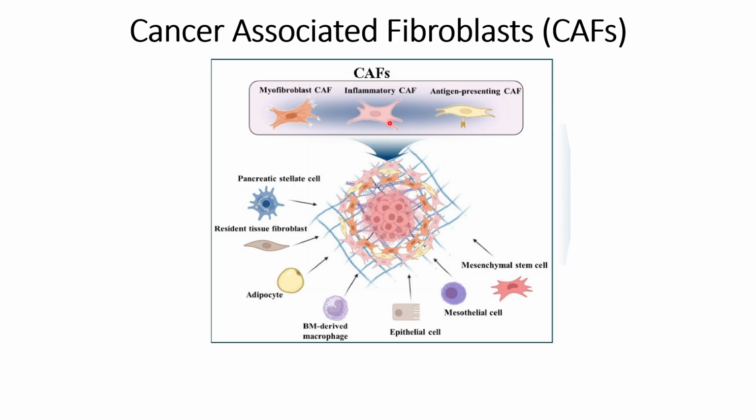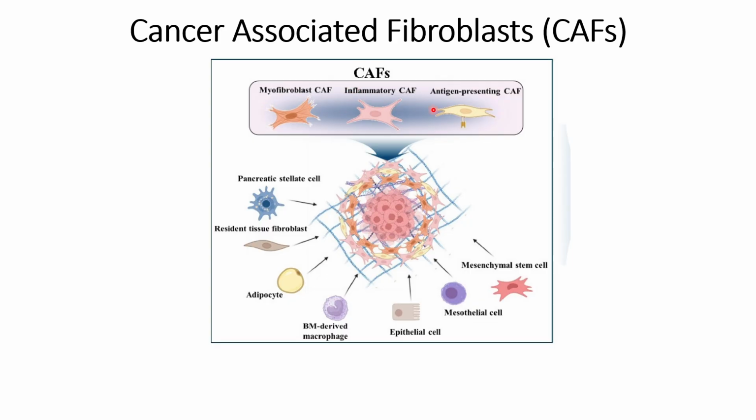On the other hand, the inflammatory cancer-associated fibroblasts are slightly far away from the tumors, at a distance from the tumor, and they are low in alpha smooth muscle.